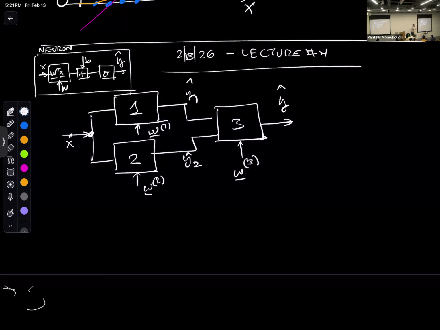So in the single neuron case, which was completely incapable of finding this kind of decision boundary, how many parameters did we have? The single neuron case, which we did last week, how many parameters did we have there? Well, we had two features plus the bias term, three.